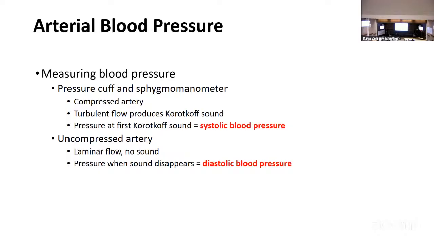So our blood flow is just totally smooth. That artery isn't getting squeezed at all. We're always keeping that artery open. Okay. So that's when we hear no sound. So our sounds disappear because we now have laminar flow, no compression in the artery. So when our sound goes away, that's when we record our diastolic blood pressure.